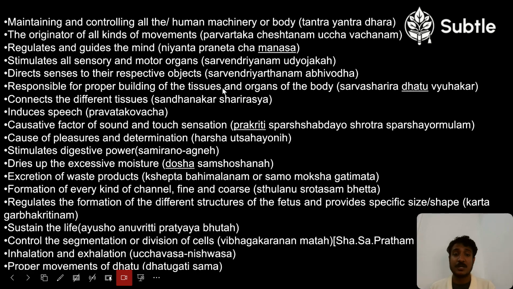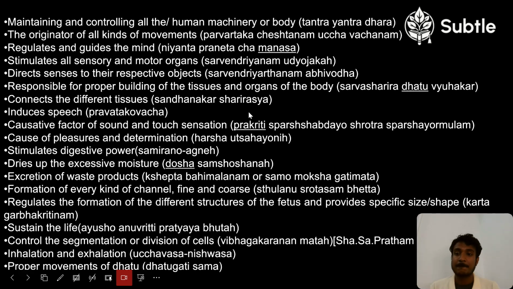Shabda and Sparsha, two words. Sparsha is the tactile sensation of the skin. As I've told you, skin is a special seat of Vata. And Shabda, sound, to be reached into the ear, that is also the work of Vata. To process it in the brain, that is also work of Vata. Okay?